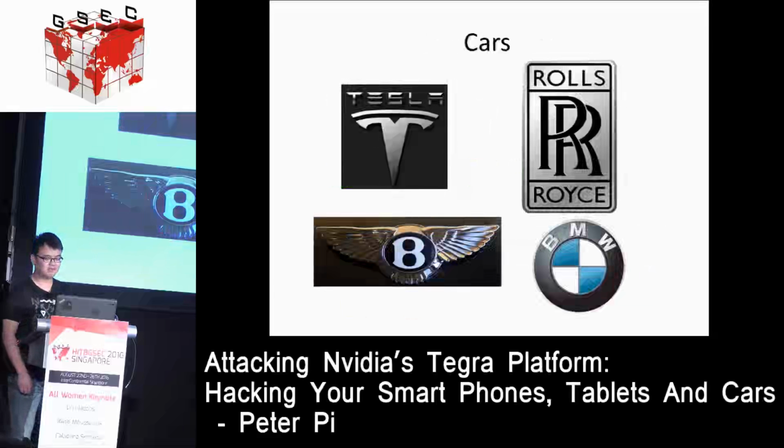There are also many car brands using it, like Tesla, Rolls-Royce, Bentley, and BMW. So the Tegra platform's security quality has a wide impact on our daily lives. Finding and patching Tegra's vulnerabilities is worth doing.